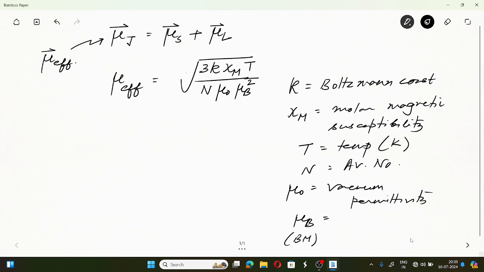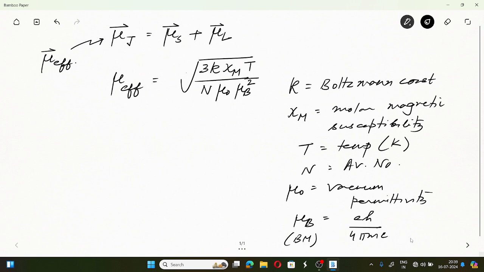Mu B is given by eh by 4 pi m c, where e is the charge of the electron, h is the Planck's constant, m is the mass of the electron, c is the velocity of light. This is already known to you.